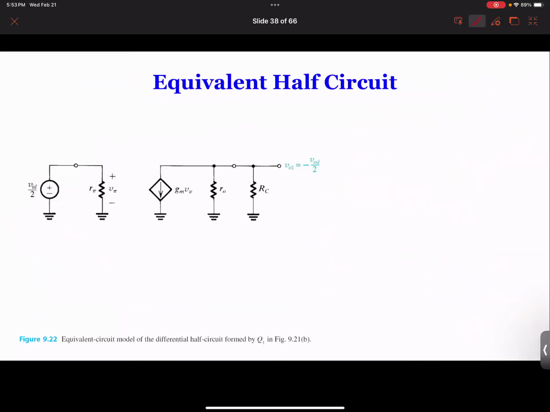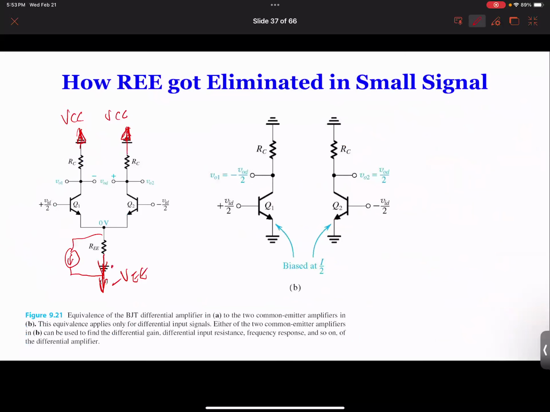That's why in this slide, I want to say, okay, that RE got eliminated. So with this eliminated, this becomes this circuit here. In fact, they're actually connected here, but that's okay. But since they're connected, like earlier I saw the virtual ground, we basically just typically keep them separate.